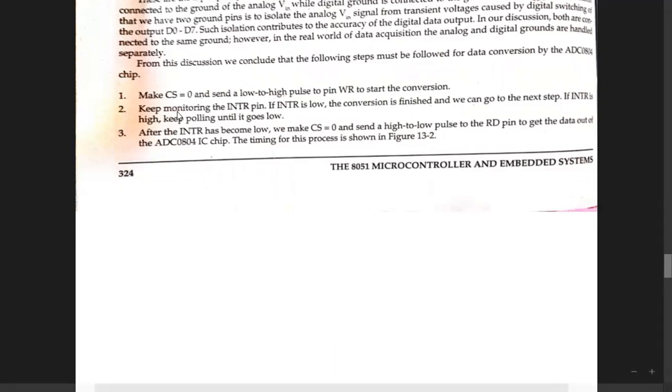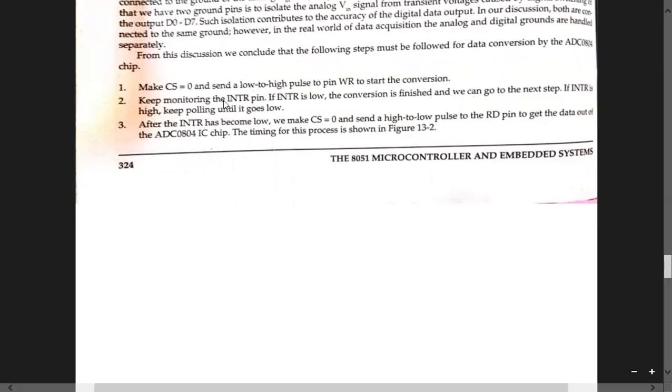The third thing to be done, we need to keep monitoring the interrupt pin. If the interrupt pin is low, conversion is finished and we can go to the next step. If the interrupt pin is high, then we have to keep on monitoring till the interrupt pin goes low.